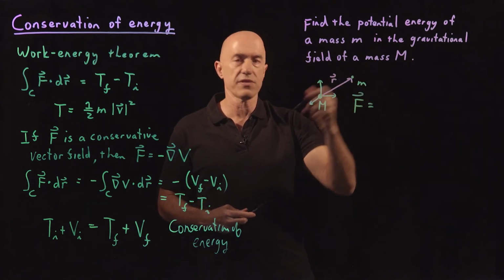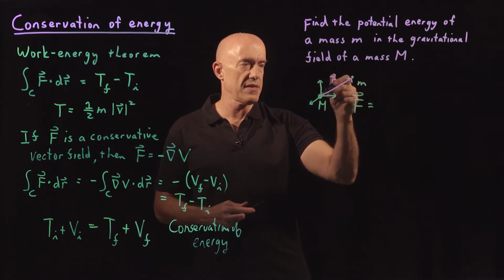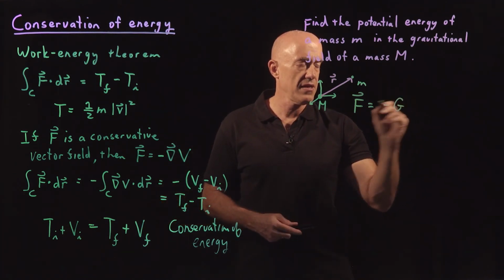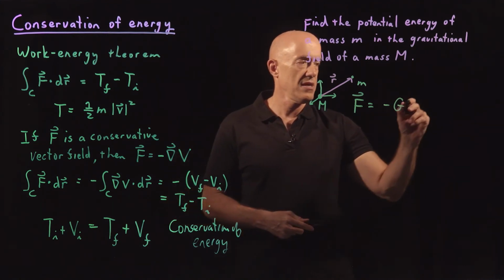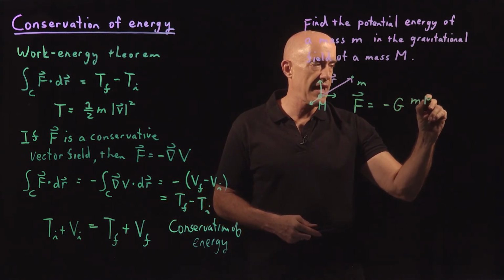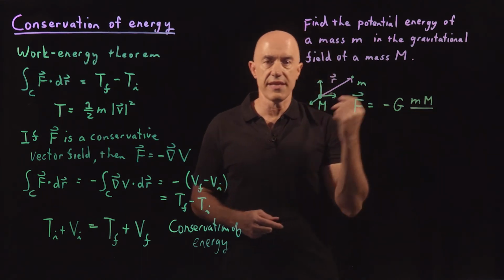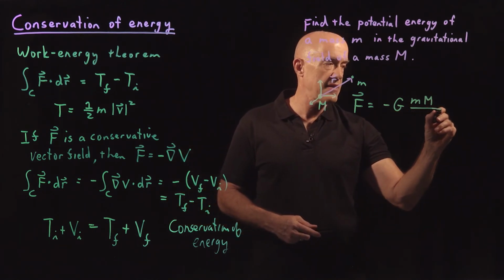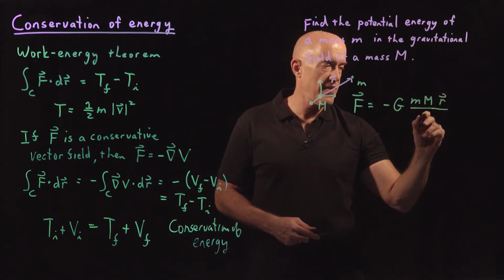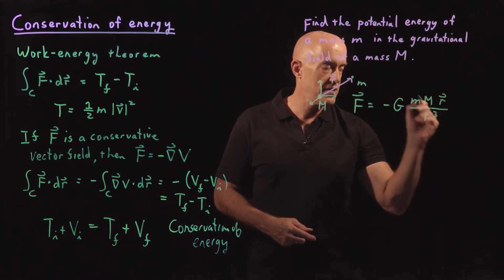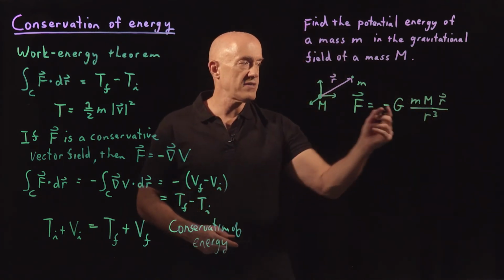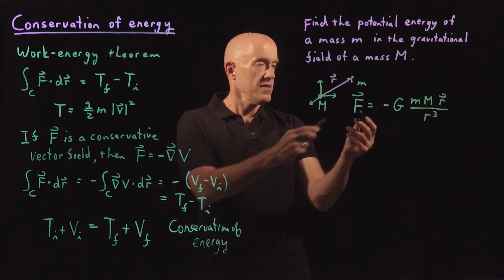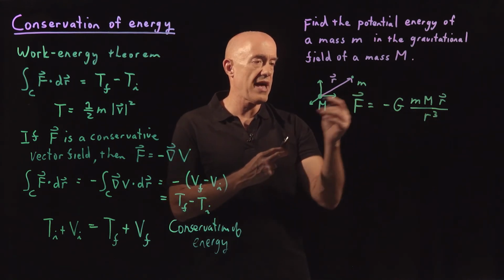It's a force of attraction, so it's pointing in the negative r direction. So we usually put a minus sign. There's a gravitational constant G. There's the product of the two masses, Mm. And then it's an inverse square law. So we can write the inverse square law by writing this as the r vector divided by the length of the r vector cubed. Okay? That's Newton's law of universal gravitation. So that's the force on little m due to big M.